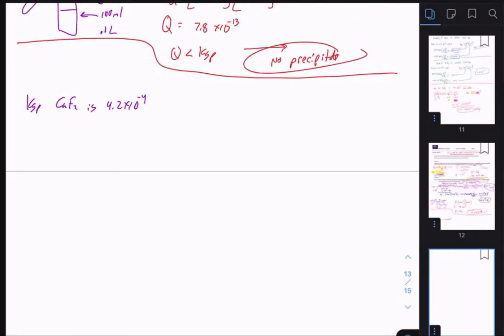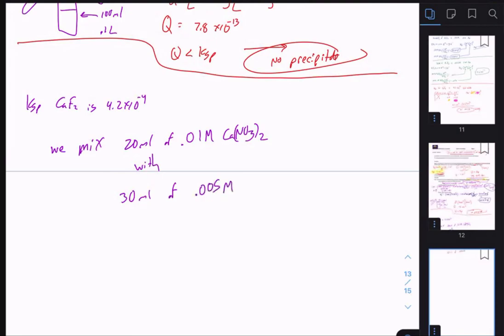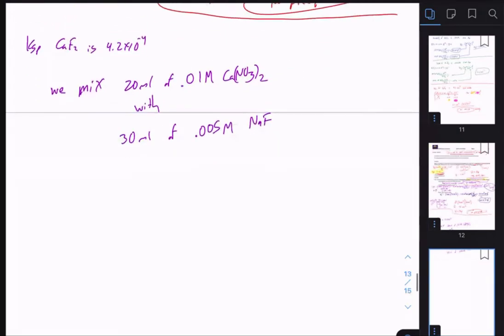Okay, so here's what we're going to do. We mix 20 milliliters of 0.01 molar calcium nitrate with 30 milliliters of 0.005 molar sodium fluoride.